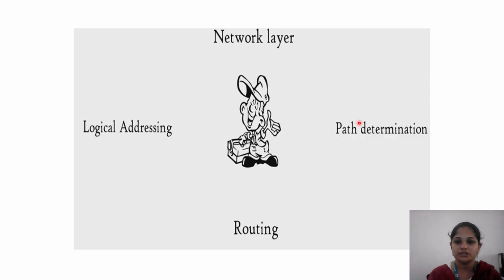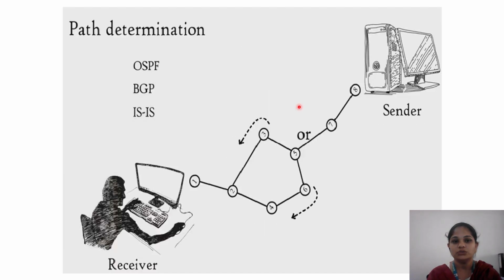Path determination is the best feature of the network layer. Path determination has many types of protocols, like open shortest path first and border gateway protocol. Based on the requirement or need, one will be chosen. For example, this is the receiver and this is the sender.